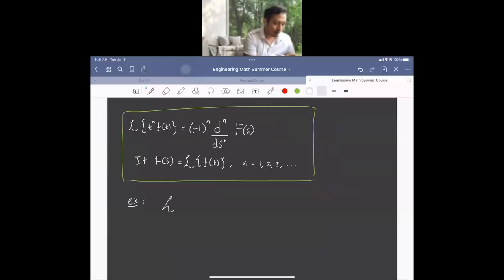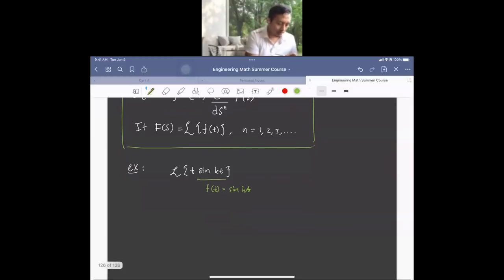Now, example. If you want to evaluate t sine kt, let's say we have this as f of t, sine kt. So the Laplace of f of t, remember we have k over s squared plus k squared.